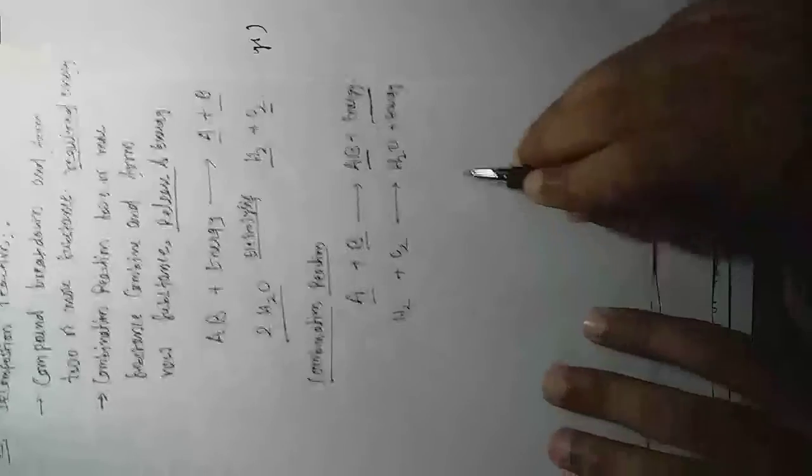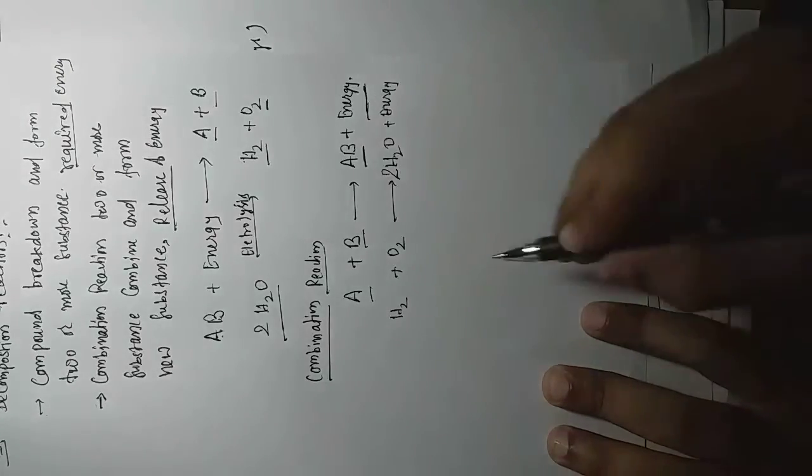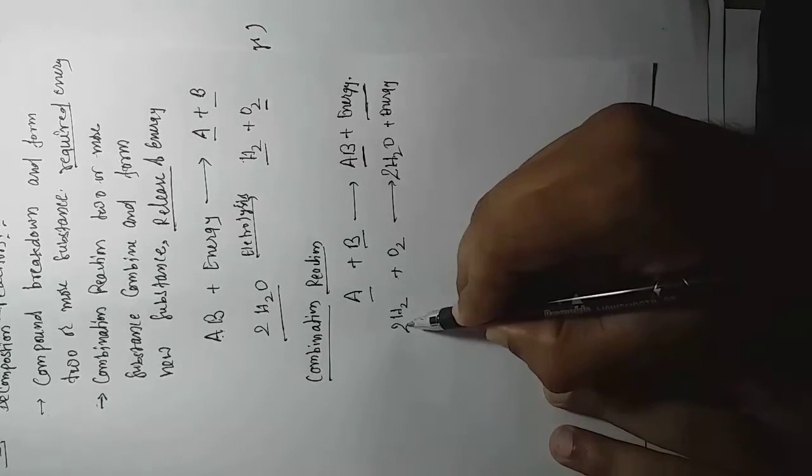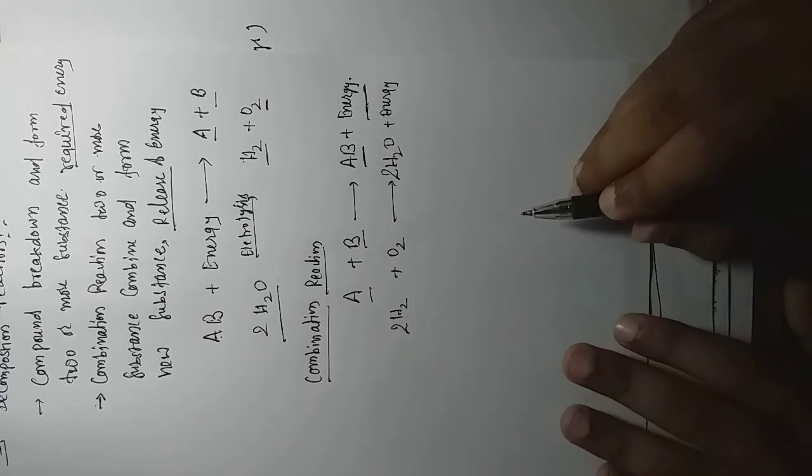Clear? In this case you can balance the equation by multiplying by a factor of 2. On this side, if you multiply by 2, it gets balanced. It depends on you whether you are willing to balance the reaction.